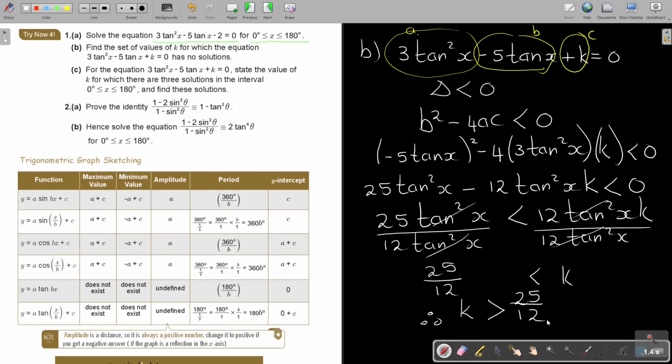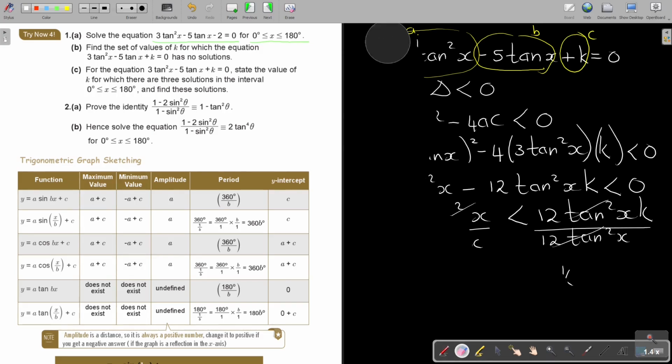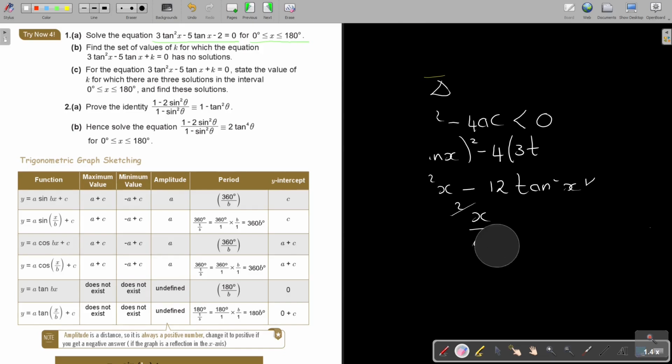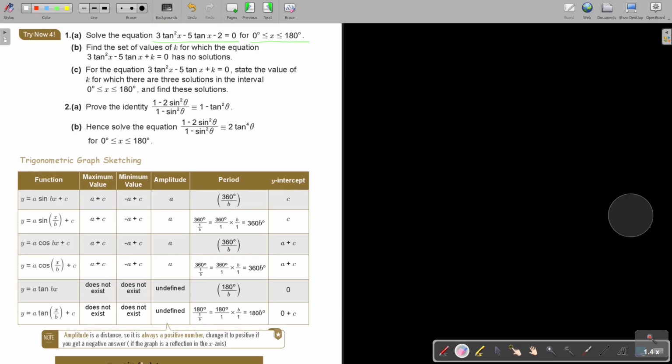Okay. And then now the last one will be number C. In this question. Okay, so let's go to number C. For the equation, state the value of k for which there are three solutions in the interval and find these solutions. Okay, now I did a little bit of a trial.